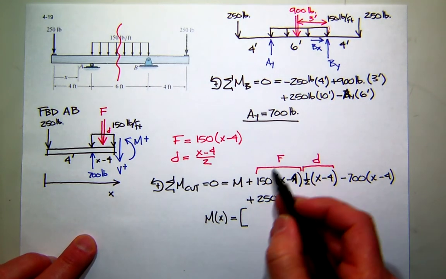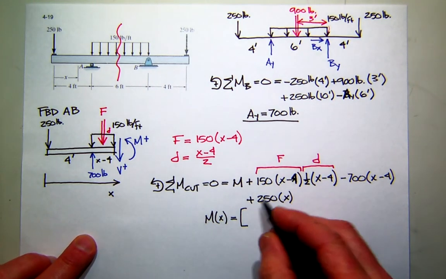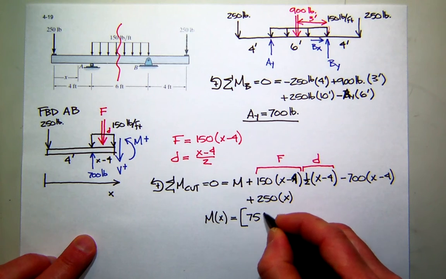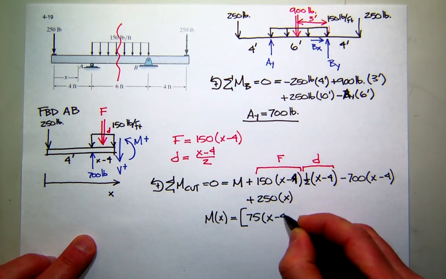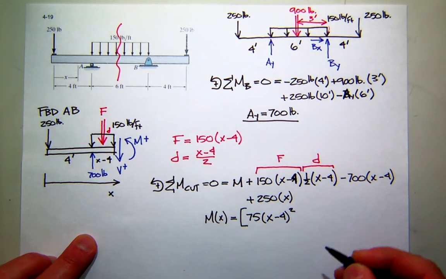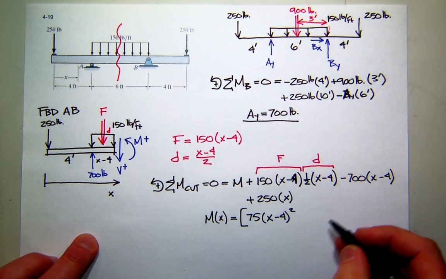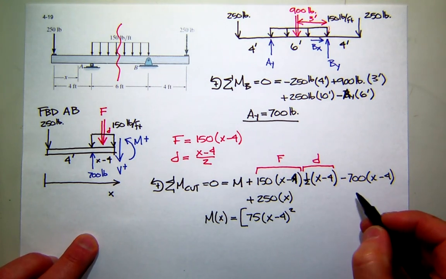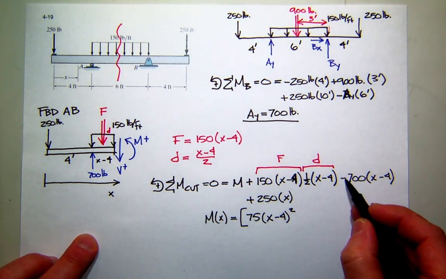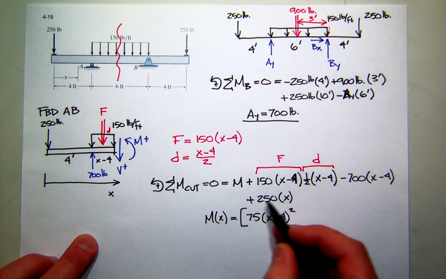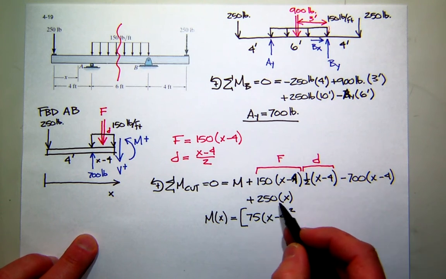Now look at this first chunk here. The half will get the 150 and I'll get 75, and that'll be X minus 4 squared. I can do a little tidying up here. I've got negative 700 times X plus 250 times X, right?